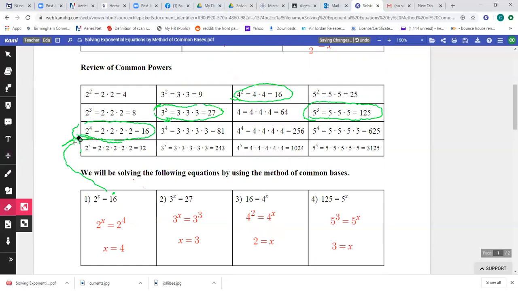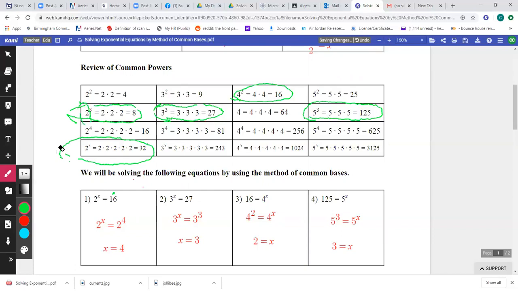Well, if we look here, I'm going to erase this now. I can see that 8 is 2 to the third and 32 is 2 to the 5th. So you see how they both have a base. Do we add them or subtract them? No, I'm going to show you what we're going to do here again. So don't do anything with the two things yet.